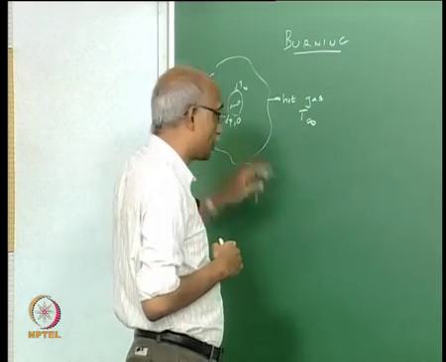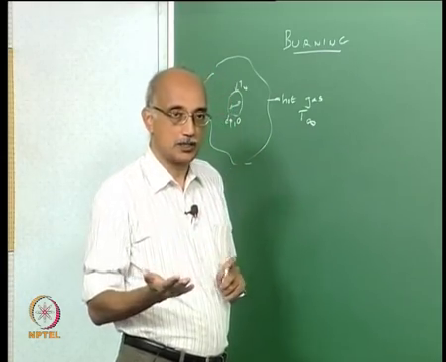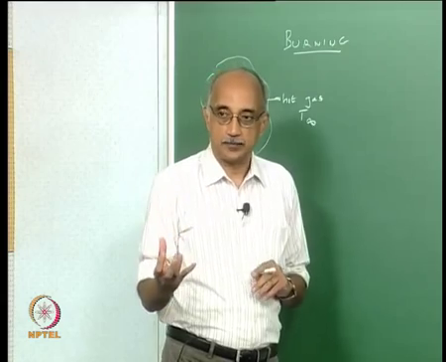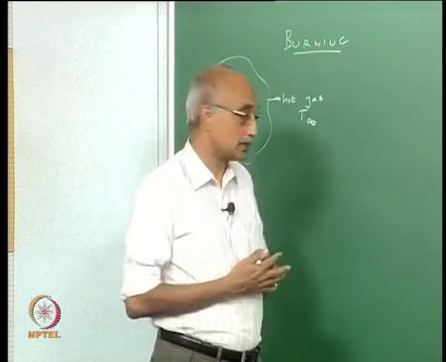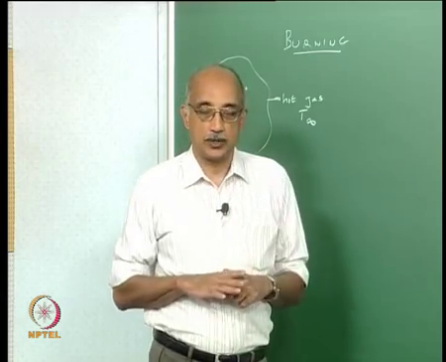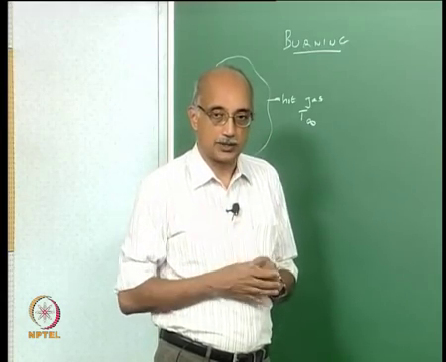The droplet, which is at a lower temperature, will begin to evaporate as soon as it experiences the higher temperature of the surrounding gas, and similarly if it is a particle, solid particle, it will start burning also.